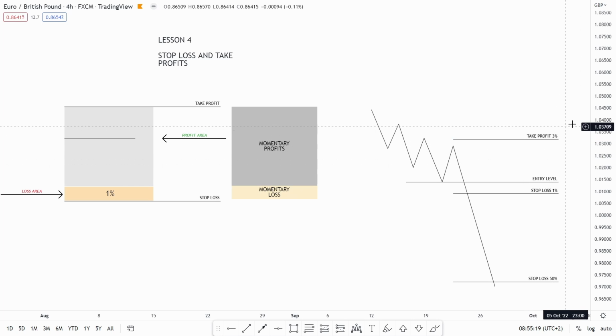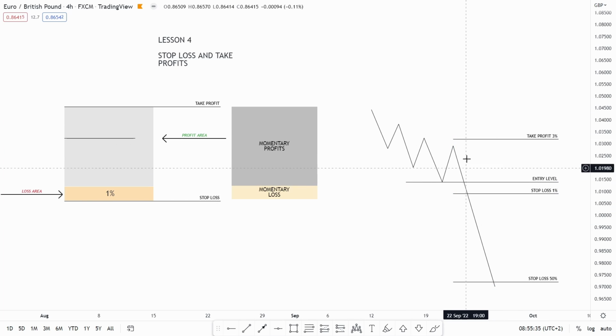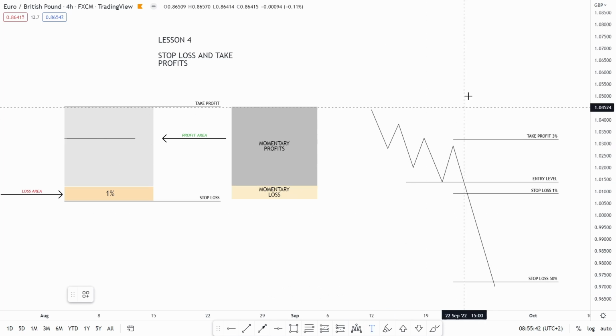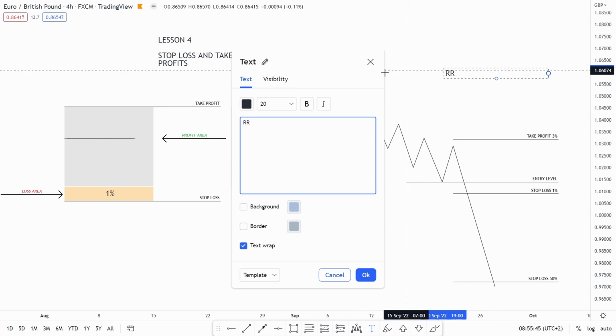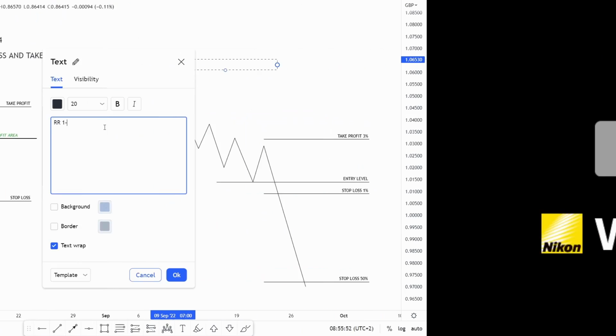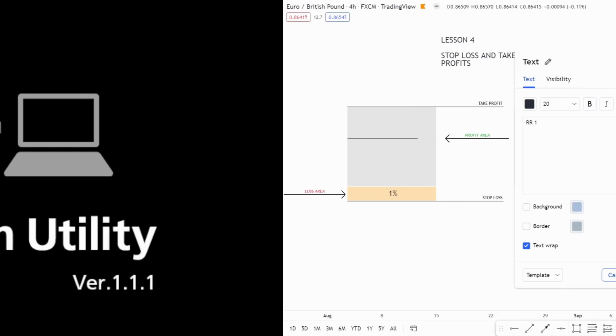And every time I take the take profit, it means that I can lose 3 times, because I'm going to lose the 3% I gained. So this is why usually people do 1 to 3, a 1 to 3 risk reward ratio, which we call RR, risk and reward ratio.